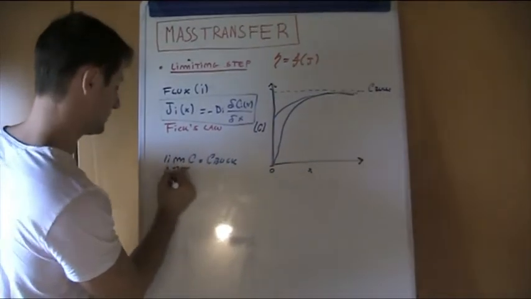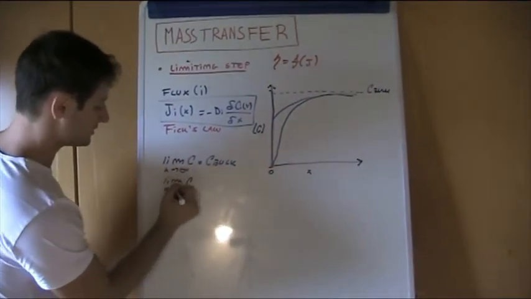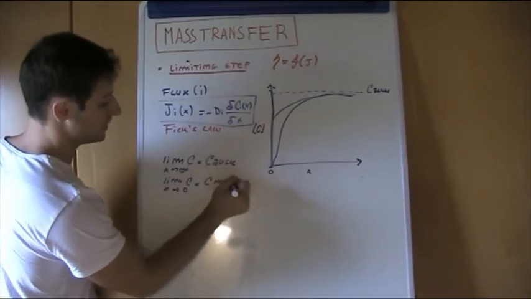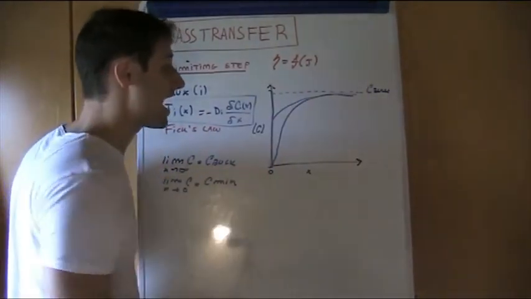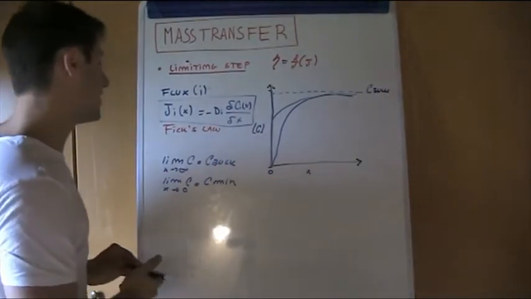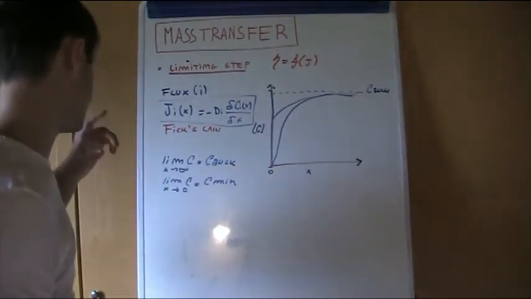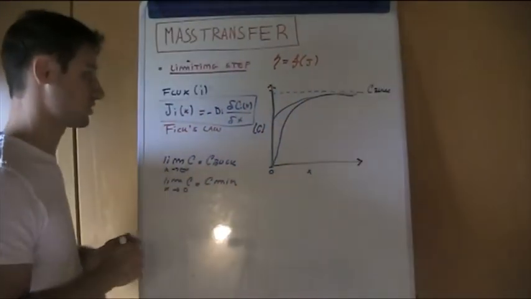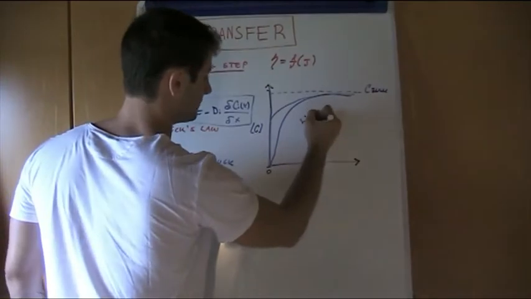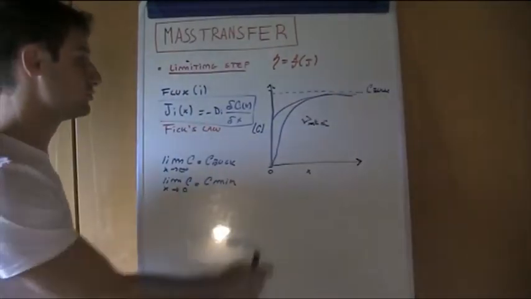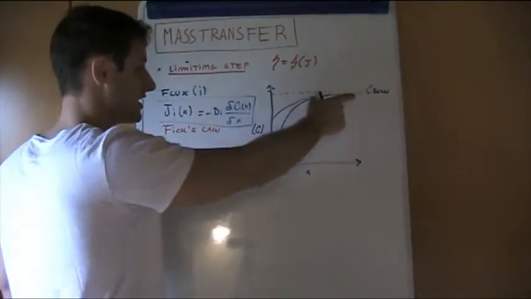So when the distance is approaching 0, the concentration is minimum. It could be 0 or it could be another value, maybe not 0, but it's also minimum. So now what we can do is consider that in this situation, the speed of migration is proportional to this gradient variation.